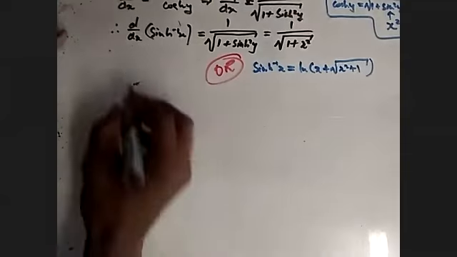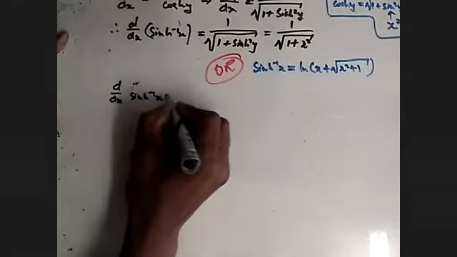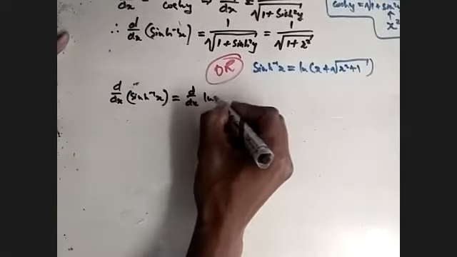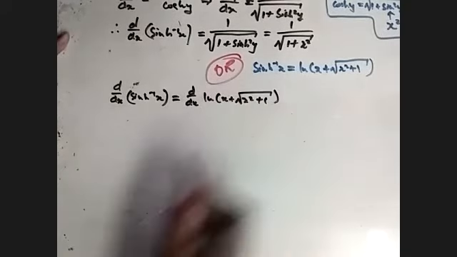Meaning that d dx of arcsinh x will be the same as d dx of ln of x plus the square root of x squared plus 1.